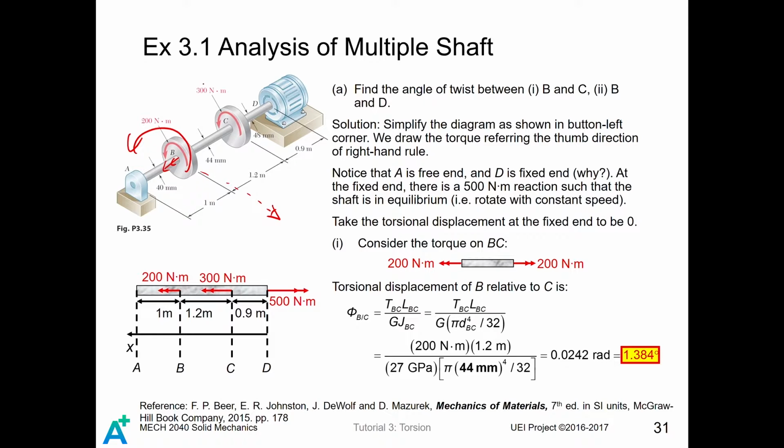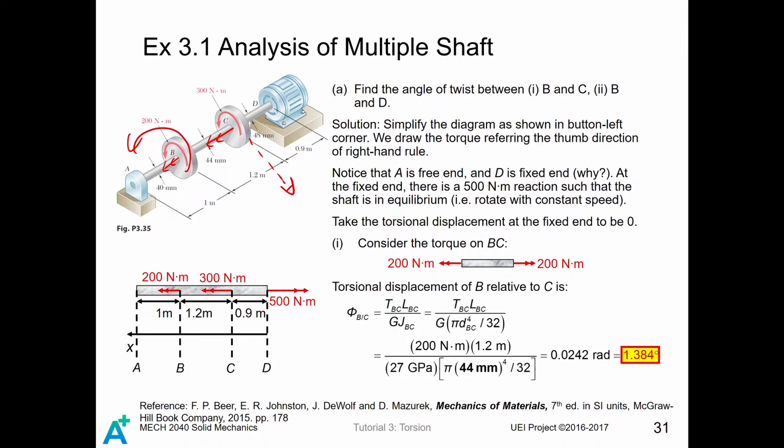Similarly, for the 300 Nm torque, as an observer, you are standing here and observing this torque. By using your right-hand rule, you can see that the torque can be sketched in this direction. Your thumb is still pointing to the left-hand side. Therefore, you can draw the 300 Nm torque in this way. At the same time, we notice that there is no torque at point A. Besides, the whole system is rotating at a constant speed.